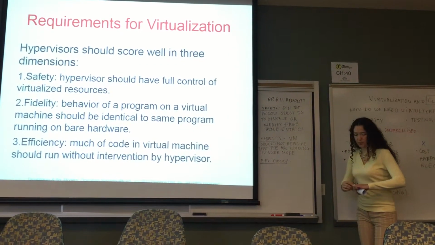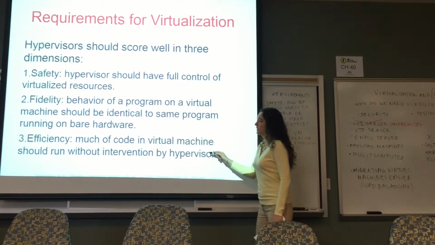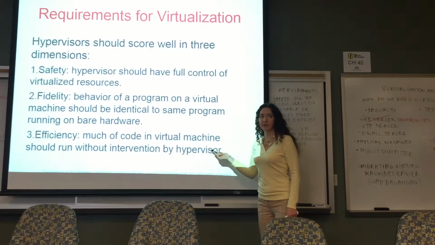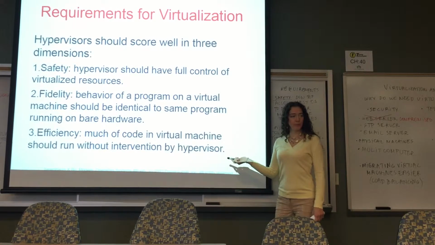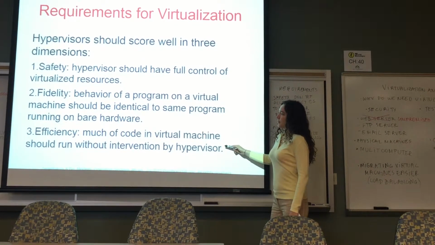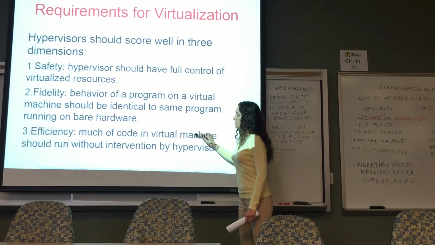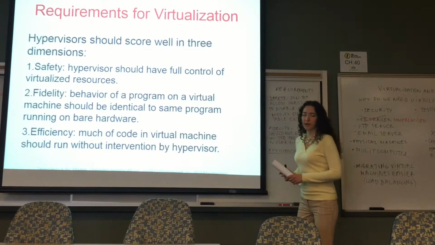Because if every time we have the hypervisor intervene, we are causing performance issues because that's very slow. So we're trying to speed up the virtual machines. This means as much of the code as possible should run without the intervention of the hypervisor.